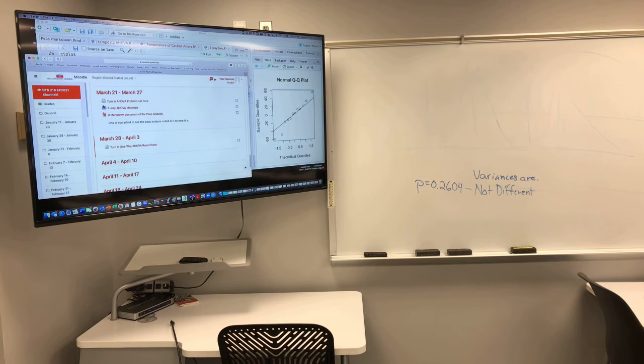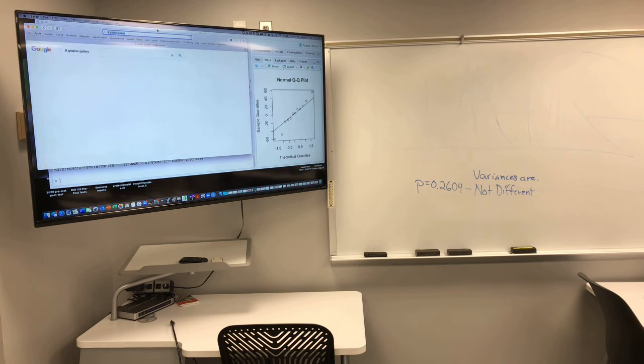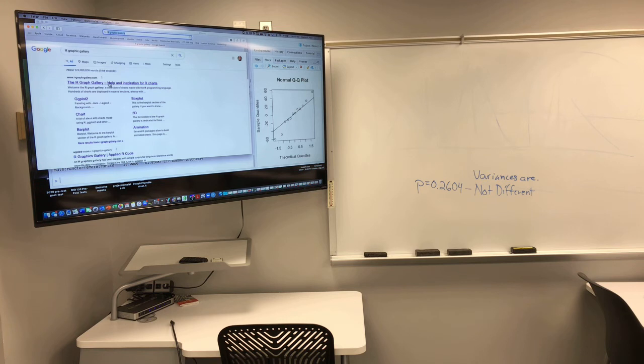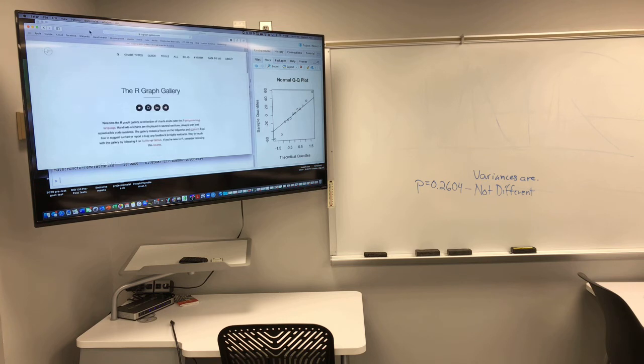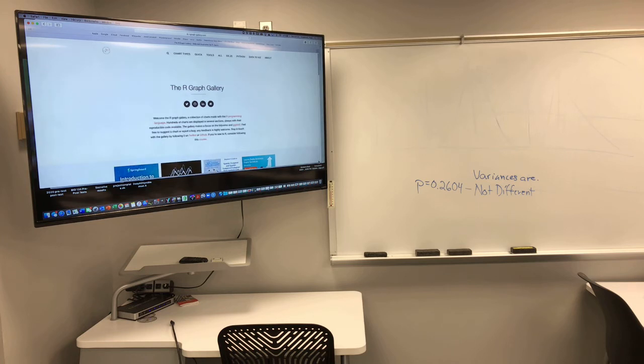Better yet, are you guys aware of the R graph gallery? Anybody familiar with the R graph gallery? Oh my God. You can, okay, maybe you can't, but I certainly can. You can just blow hours going through the R graphics gallery.